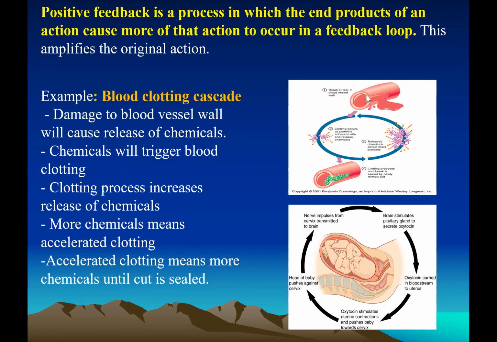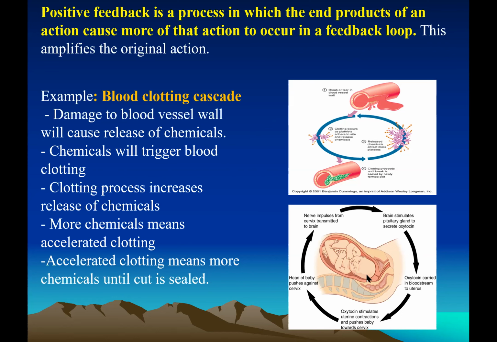So in this positive feedback mechanism, the end products of the action will cause more of that action to happen. Another good example is childbirth. When a woman is in labor, the nerves will send a message to the brain that it's time for delivery, and the brain is going to produce oxytocin for contractions.